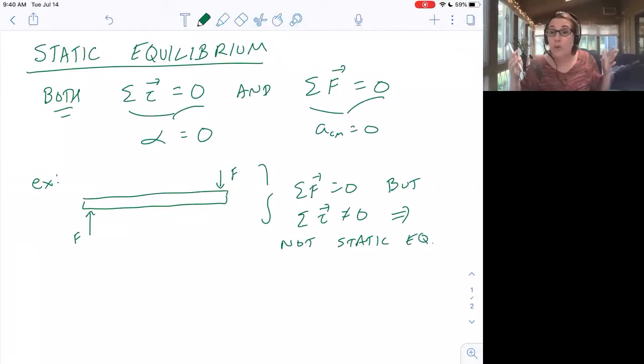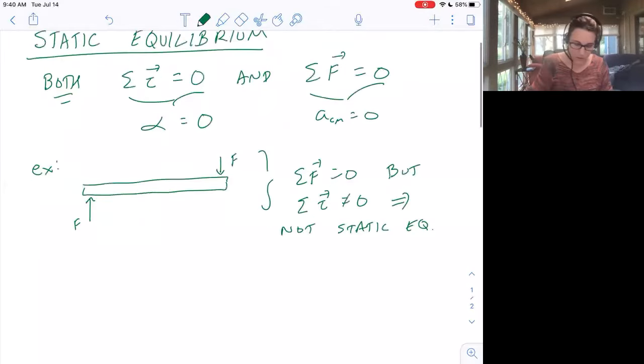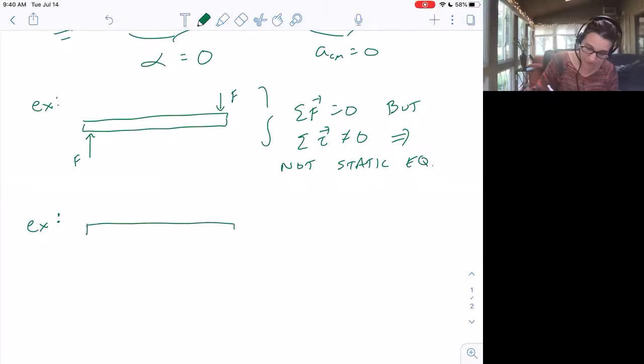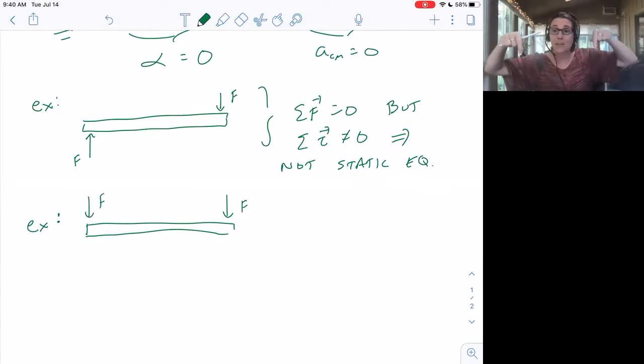And so you can have a situation where there's no net force, but there is a net torque, for example. So instead, what you would have to have is something where you have no net torque and no net force. For example, let's take the same long bar. Let me go ahead and apply my two forces to the top here. Well, that's not going to make the rod rotate, but it would make it move, right?